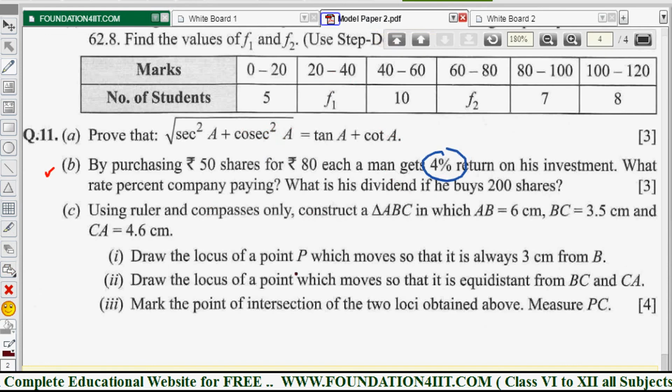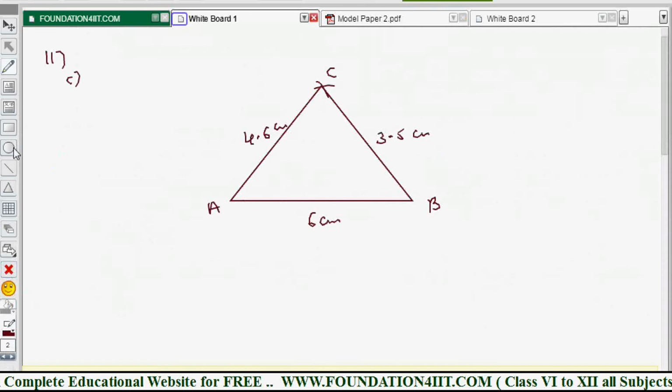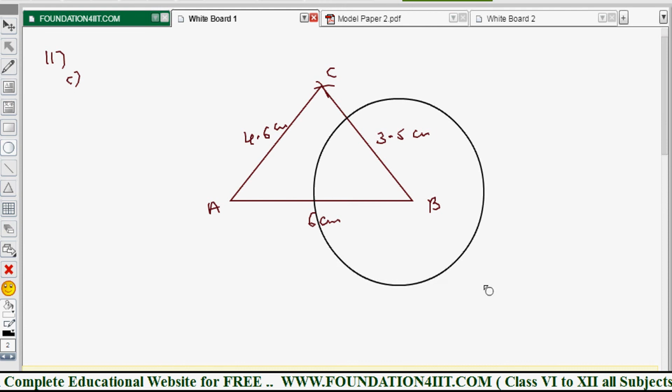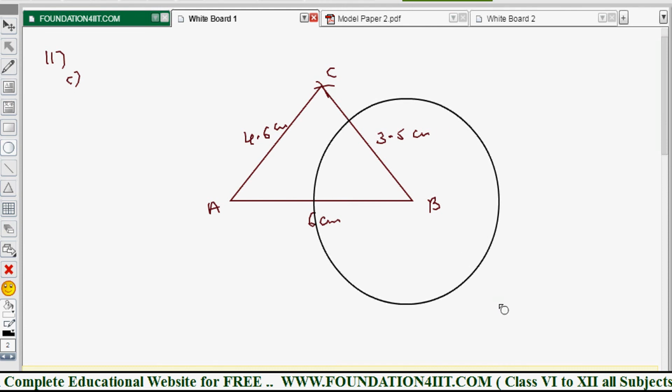And if you observe the question, draw the locus of point P which moves so that it's always 3 centimeters from B. That means from B we should draw a circle of 3 centimeters radius. Always 3 centimeters from B means B is the center and 3 centimeters is the radius. If you draw a circle, let's take more, which must be 3 centimeters.